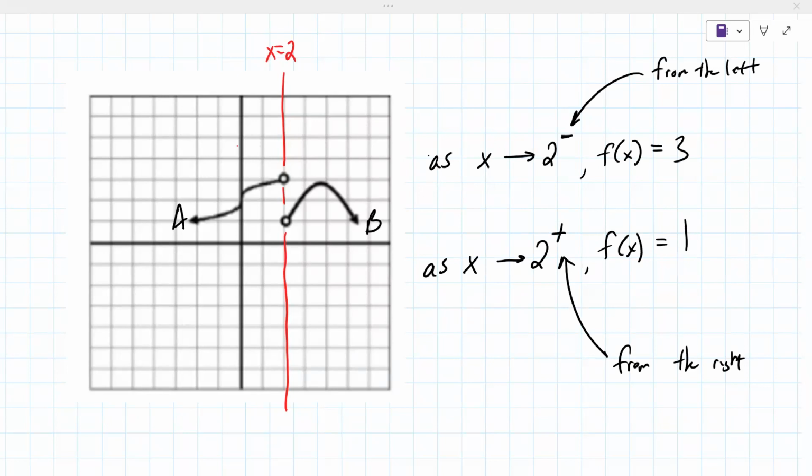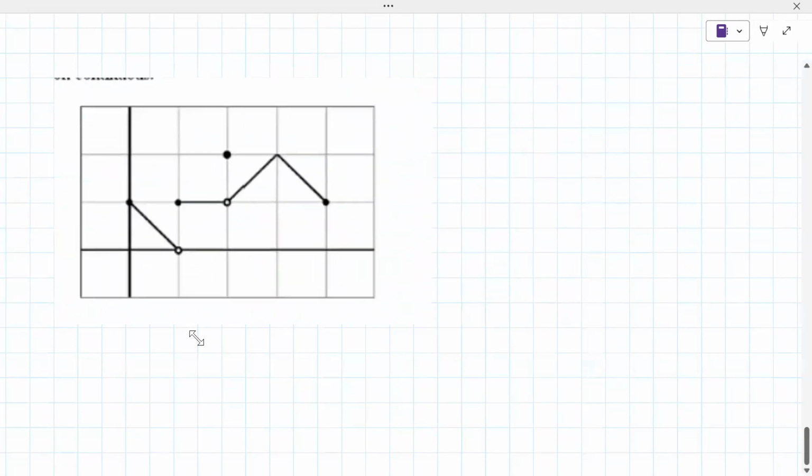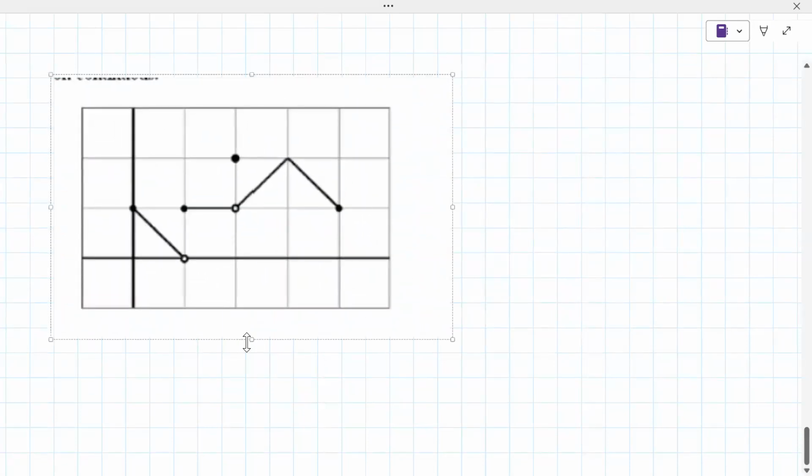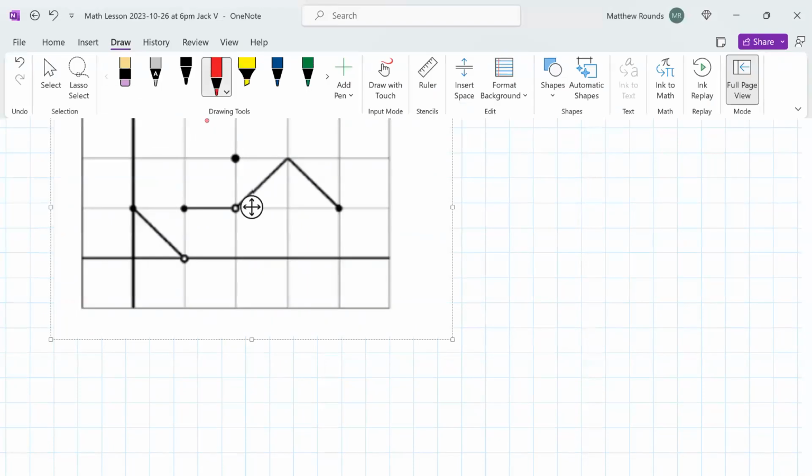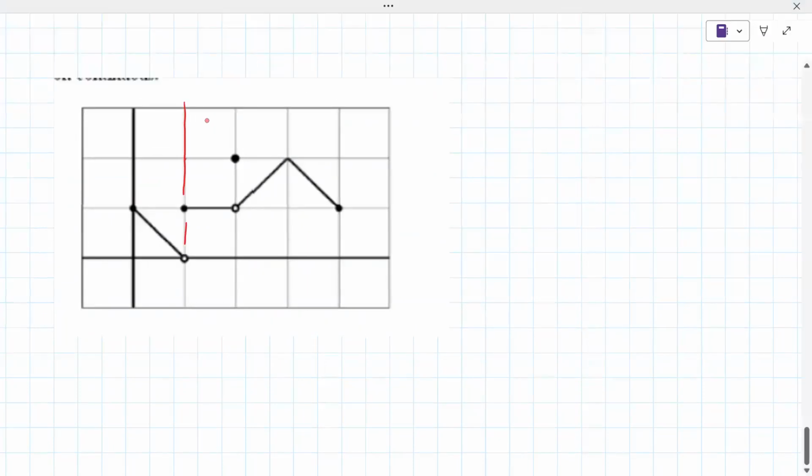All right, so let's try another one here. Let's focus on this right here, that's red. That's x equals 1.